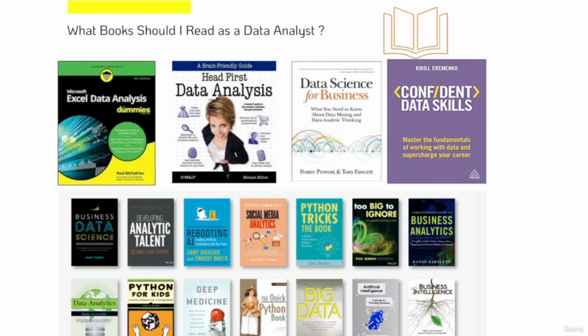In this book, you will learn how to think as a data analyst, how to ask the right questions and get fruitful answers. The third book called Data Science for Business. In this book, you will learn how to apply data science or data analysis in business context. So from the picture, you can see other books mentioned here. You can pick from and start reading.